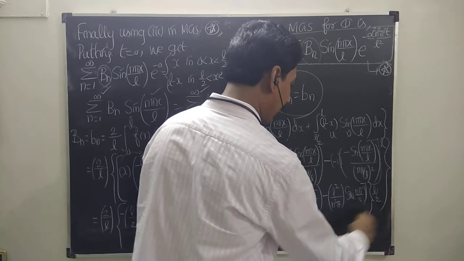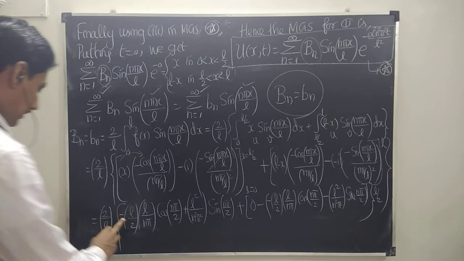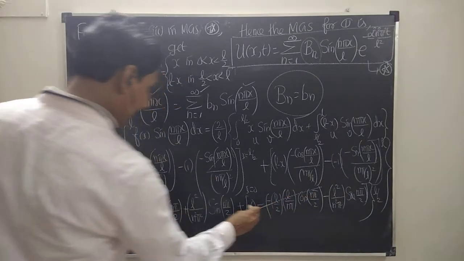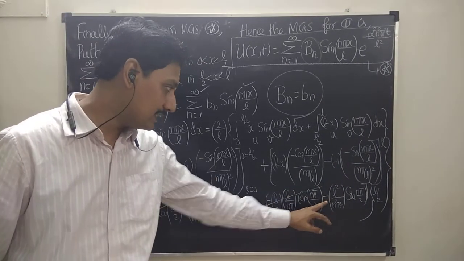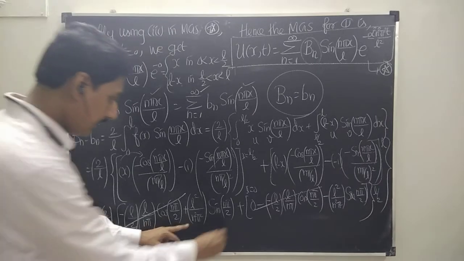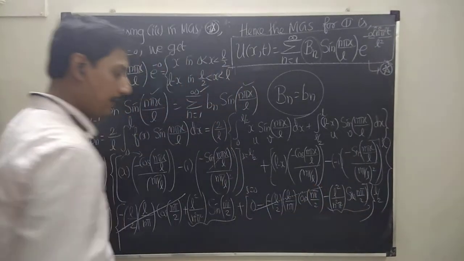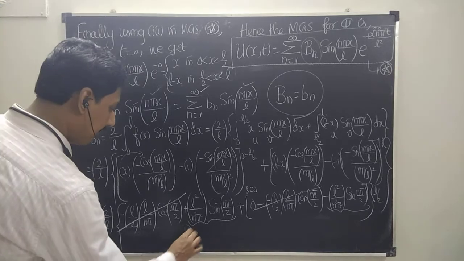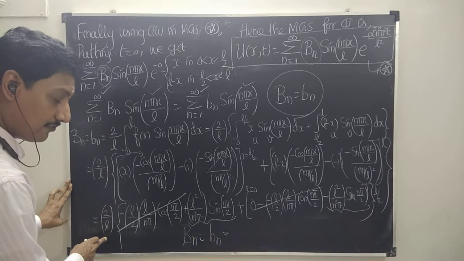So let us simplify this. This is the minus sign, this is the minus plus sign, so it will cancel. What about this one? Minus minus becomes plus. This is once again L squared by n squared pi squared, and this is also L squared by n squared pi squared. So finally I found that capital Bn, that is small bn, is equal to 2 by L in front.